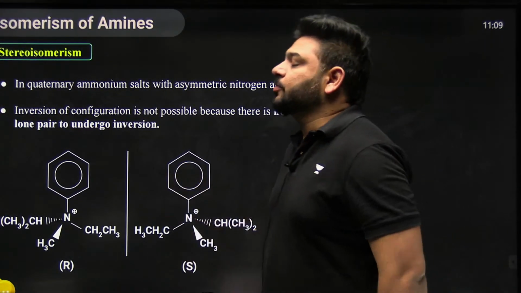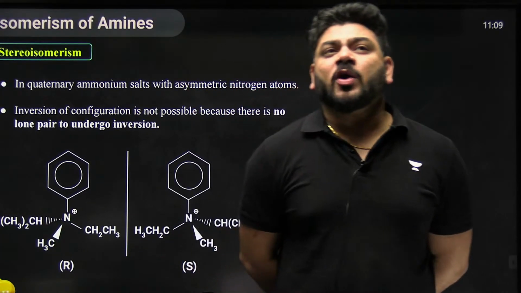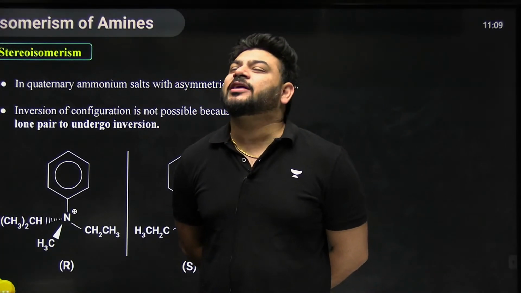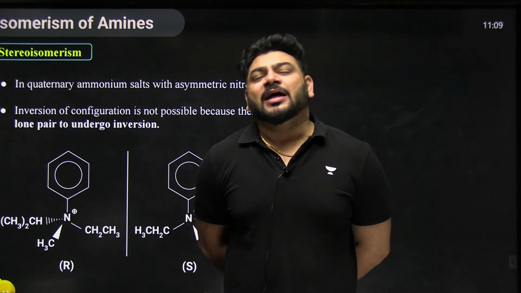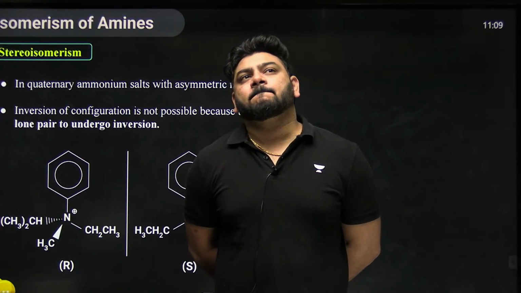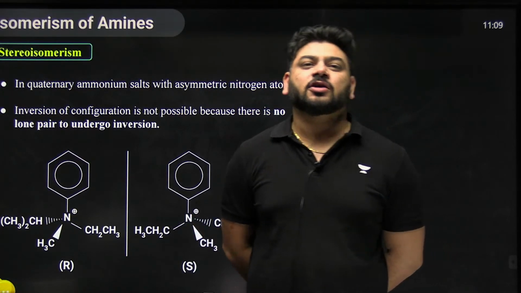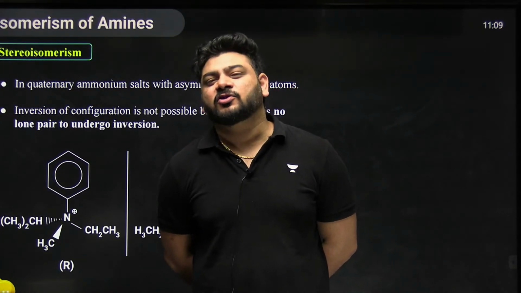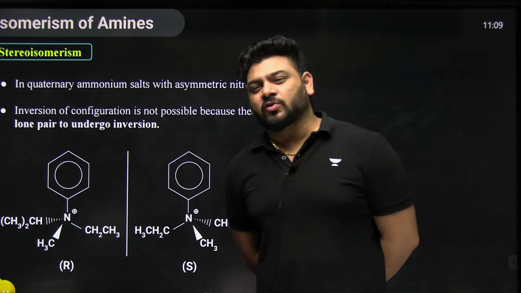Next is stereoisomerism. So what is stereoisomerism? Now if all the 4 bonds of a tetrahedral nitrogen are of different types, it will definitely have a non-superimposable mirror image, and that is what we call an enantiomer.